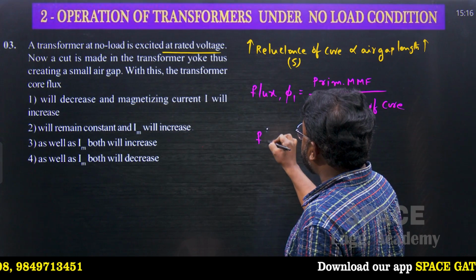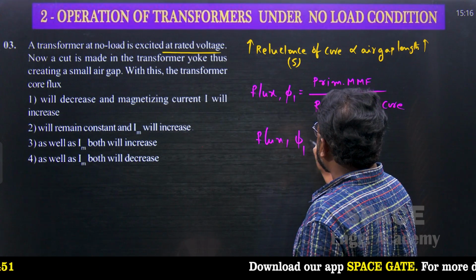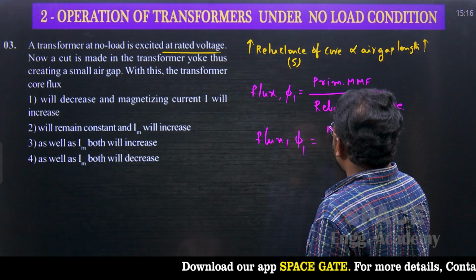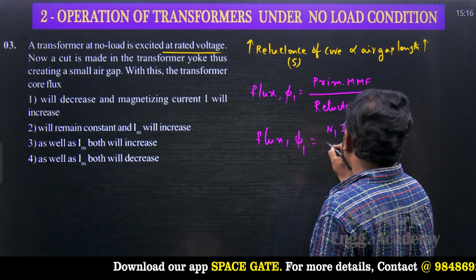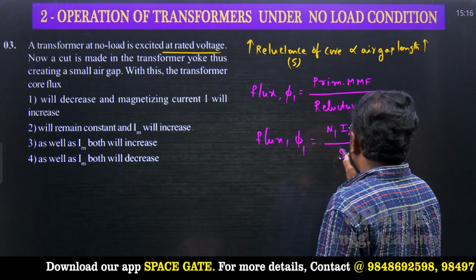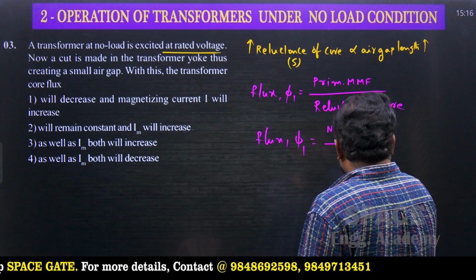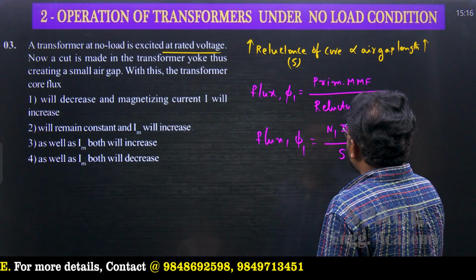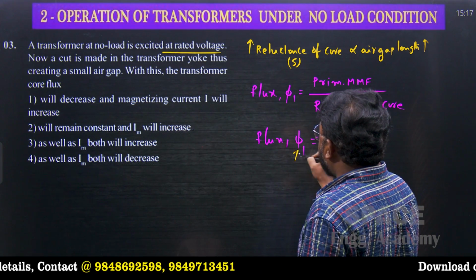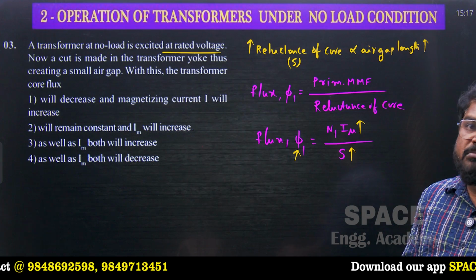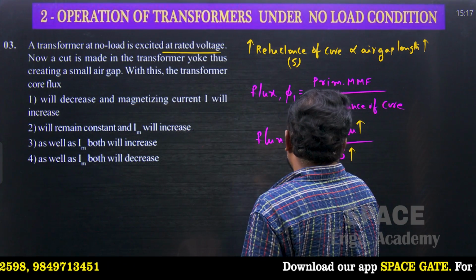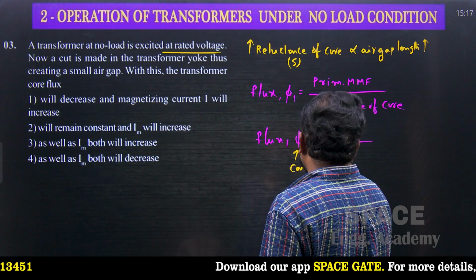Therefore flux phi 1 is equal to number of turns multiplied by magnetizing current divided by reluctance of the core. So because of the increment in the reluctance, the magnetizing current increases in order to produce the same amount of flux. So here the flux is constant.